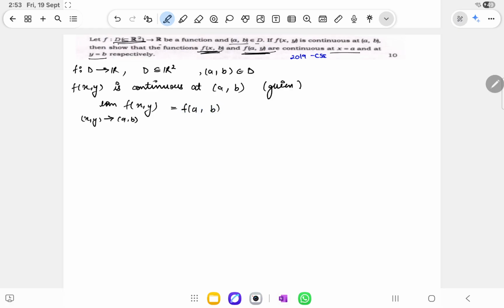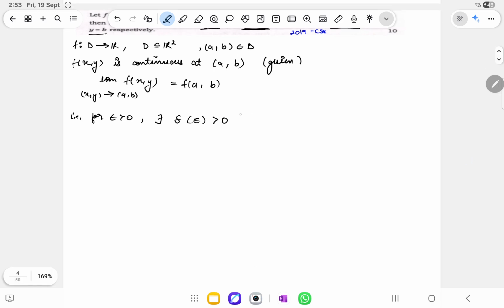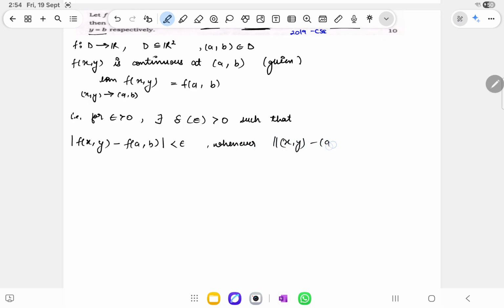If I write it in epsilon delta format, I'll be getting: for all epsilon greater than 0 there exists delta, dependent on epsilon and also greater than 0, such that modulus of f(x, y) minus f(a, b) is less than epsilon whenever the norm of (x, y) minus (a, b) is less than delta.